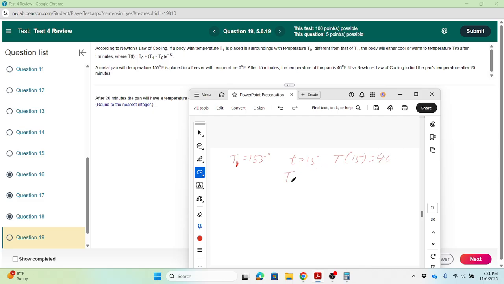And what is the surrounding temperature? The temperature of the different surrounding, which is 0 degrees. So you use this formula. T at 15 is 46, equal to T0, which is 0, plus T1, which is 155 minus 0, times e to the power negative k times the time, which is 15 minutes.